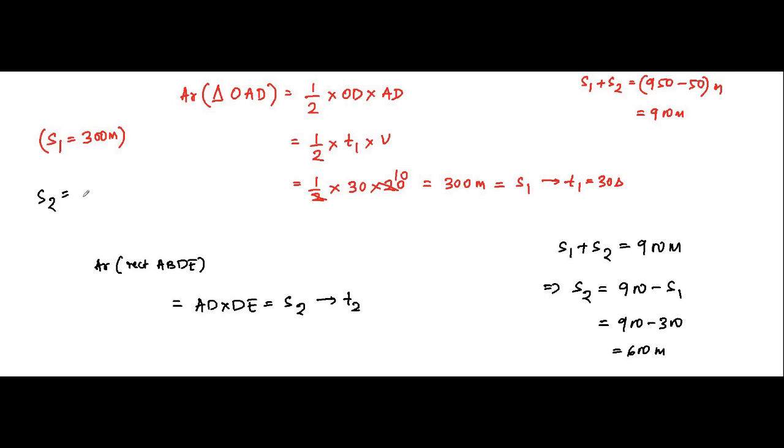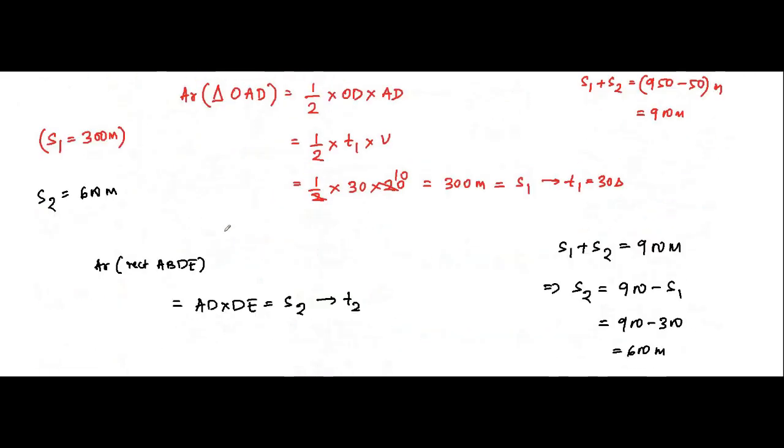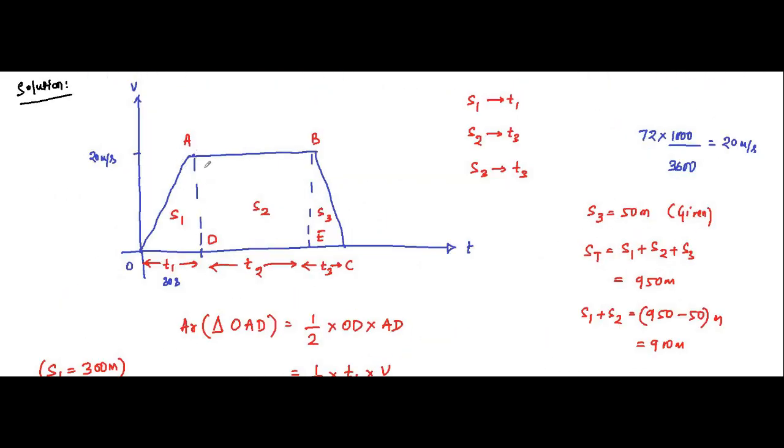S2 is equal to 600 meters. Here, this 600 meters is the area of this rectangle AD into DE. AD is 20 meters per second.